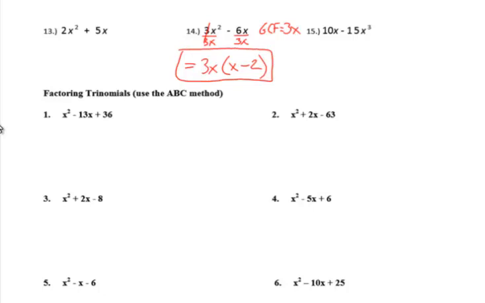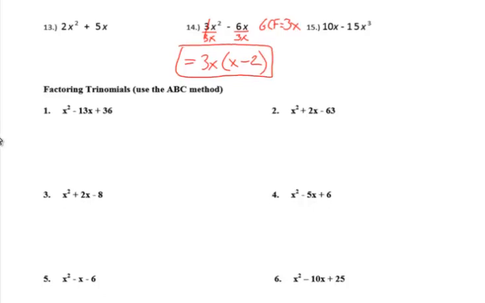Now, we can also factor when we have the ABC method here. And so in our trinomials, what we're looking for are what are the factors of A, or what is A, and what are the factors of C? 36. So A is 1 and 1.